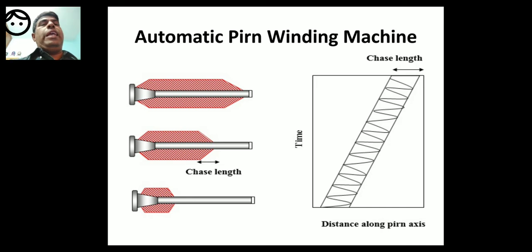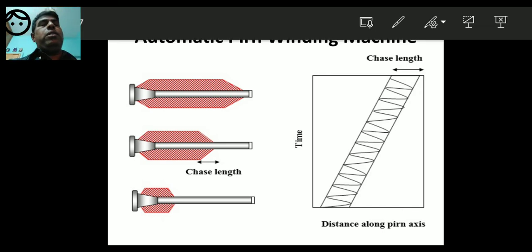Here you can clearly observe that there are three perns. One is the completely built pern, the medium built pern, and the beginning of the pern.